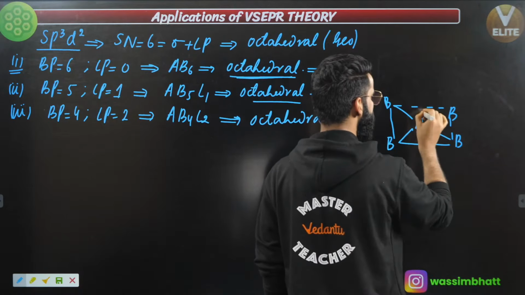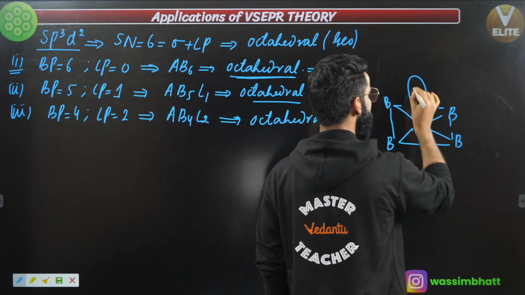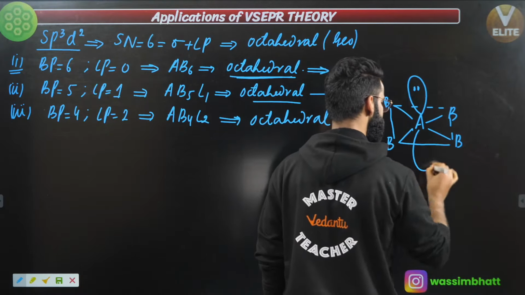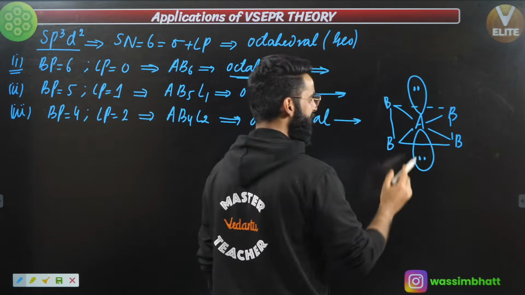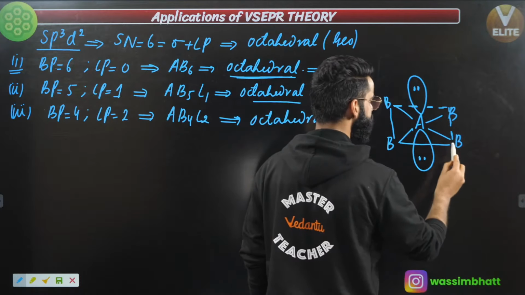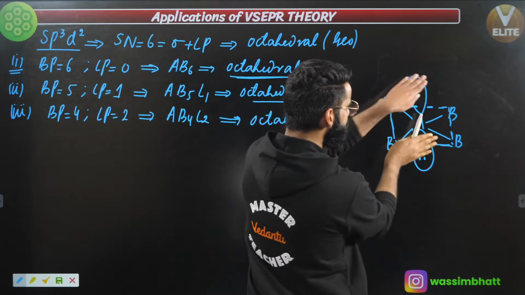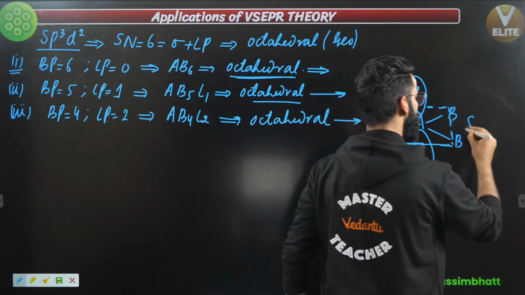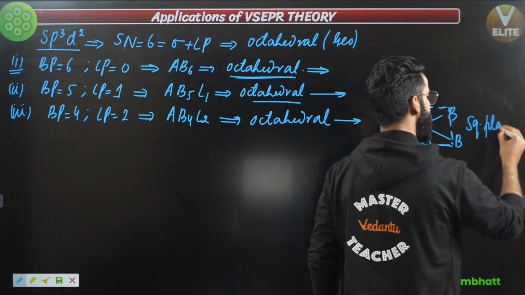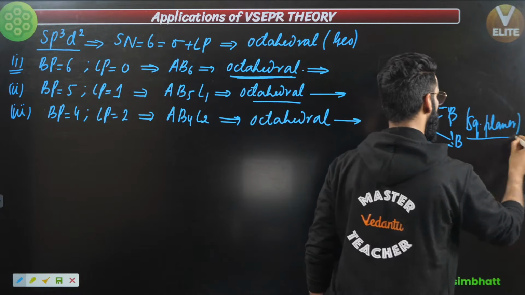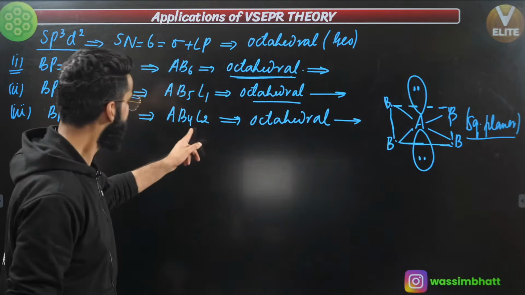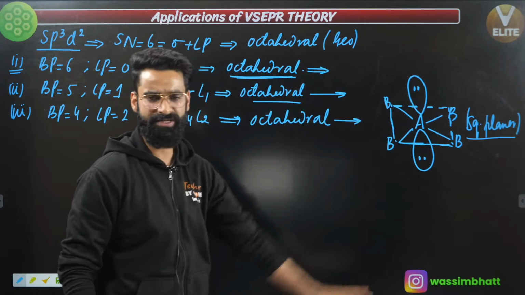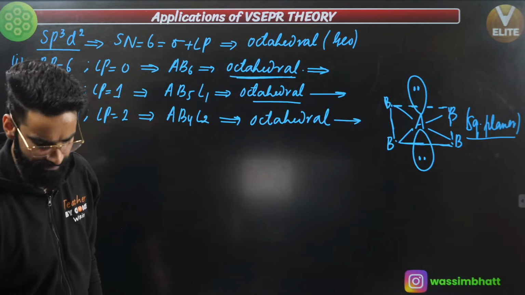There was a bond just perpendicular to it, so instead of the bond which was below it, I'm keeping a lone pair. Just ignore these two lone pairs. It's basically a planar shape now, and we call this the square planar shape. So remember, whenever we have a molecule of the type AB4L2, its geometry is octahedral, but its shape is going to be square planar.